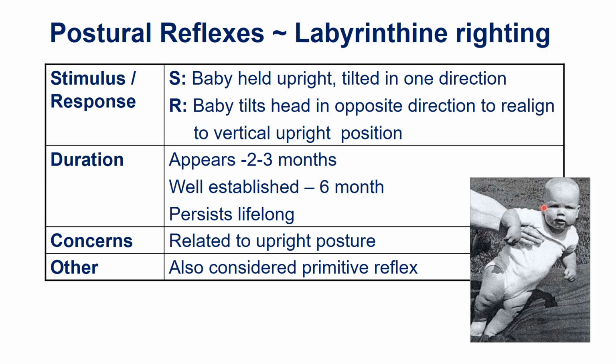This appears by 2 to 3 months of age. It is well established at around 6 months of age, persists lifelong, and is related to upright posture. Sometimes this is considered a primitive reflex also, but actually this is a postural reflex.